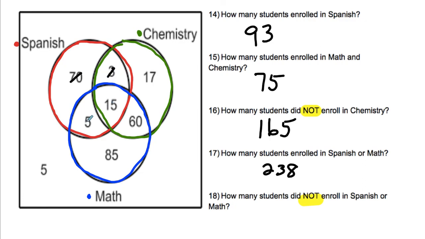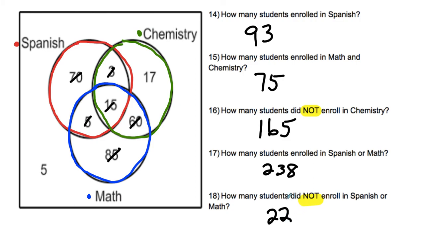Well, these 2 enrolled in Spanish. Math as well. Okay, these people also enrolled in math. These people enrolled in math. All right, so I've crossed off everyone enrolled in math, crossed off everyone enrolled in Spanish. And what do I have left? Well, just these 2 groups of people, right? So I total those and it'd be 22.